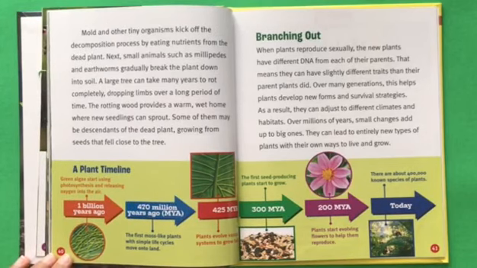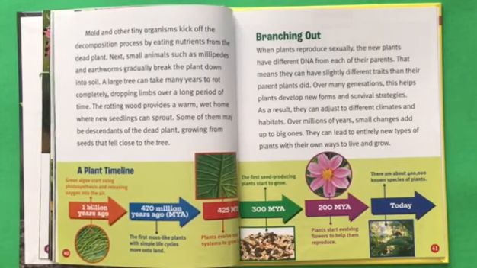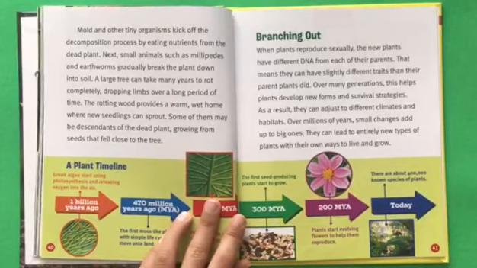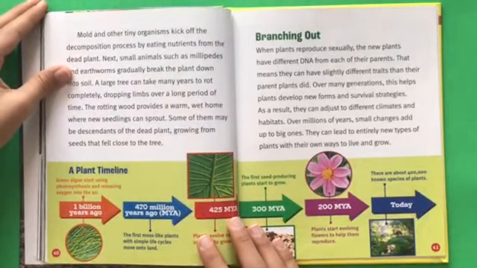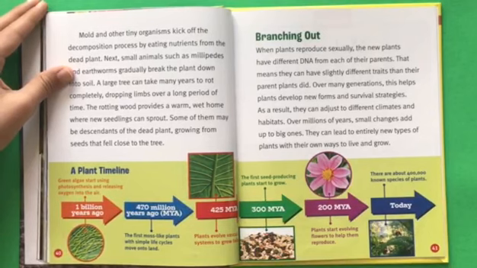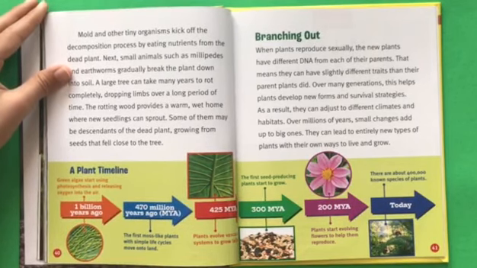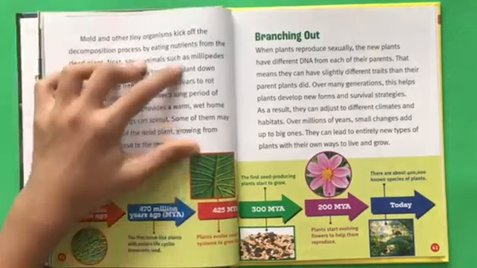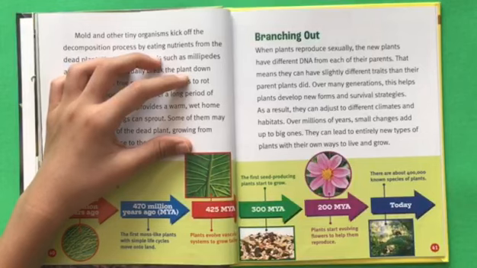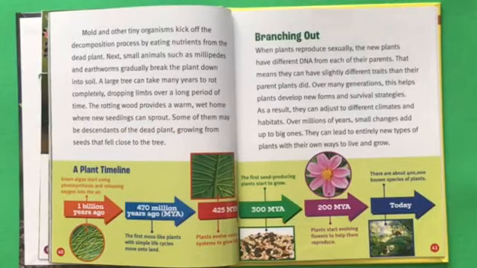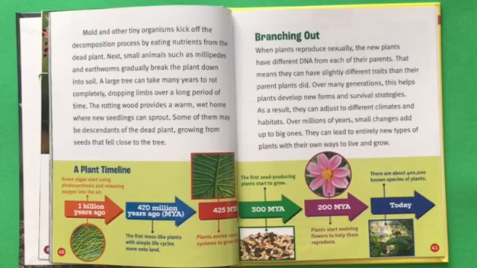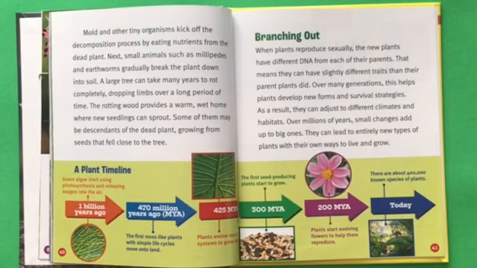A plant timeline. 1 billion years ago, green algae starts using photosynthesis and releasing oxygen into the air. 470 million years ago, MYA, the first moss-like plants with a simple life cycle move onto the land. 425 MYA, plants evolve vascular systems and grow taller. 300 MYA, the first seed-reproducing plants start to grow. 200 MYA, plants start evolving flowers to help them reproduce.